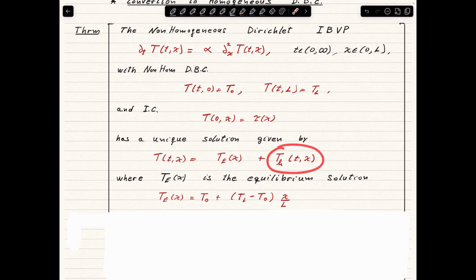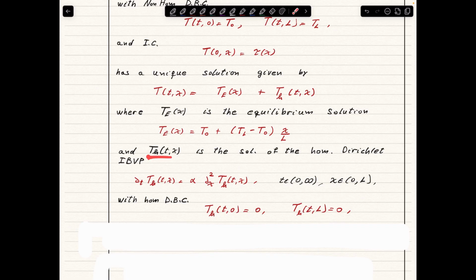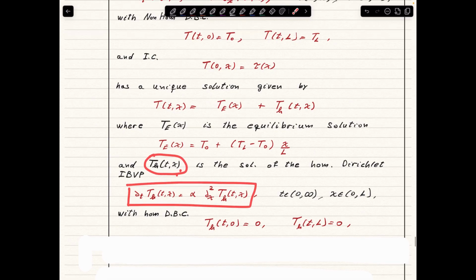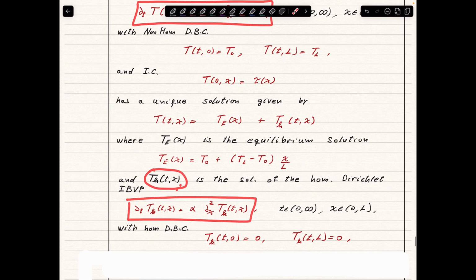What is th? Well, th is the solution of a homogeneous Dirichlet initial boundary value problem. Homogeneous is the key word here. So th, we are going to show that is going to satisfy the same heat equation that the original function t satisfies, but now instead of satisfying non-homogeneous boundary condition, th is going to satisfy Dirichlet homogeneous boundary conditions.